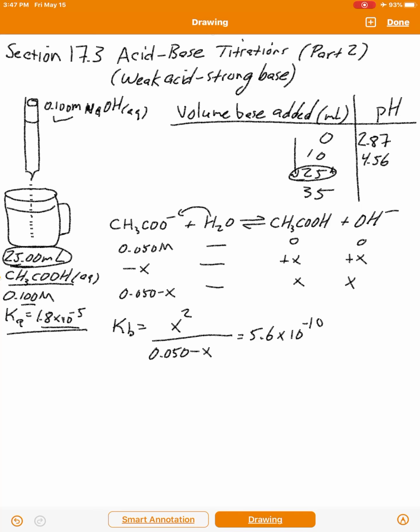Okay, well, again, we're going to simplify that. So we've got X squared over 0.05 is equal to 5.6 times 10 to the minus 10, which means that X is the square root.